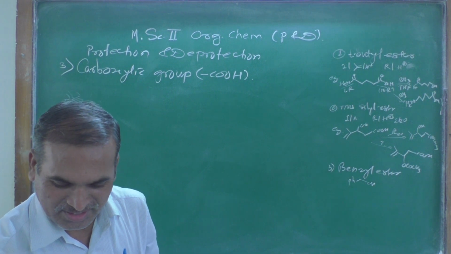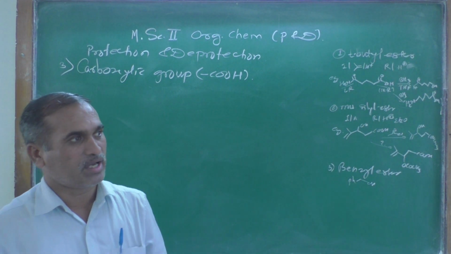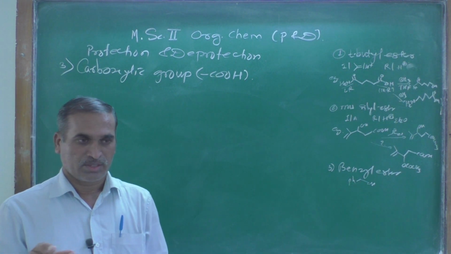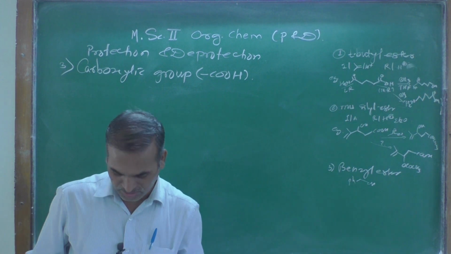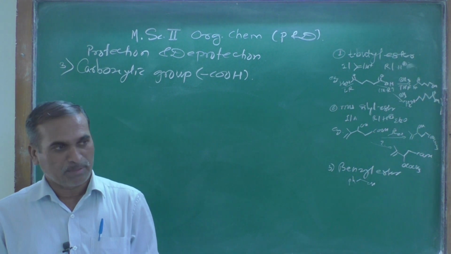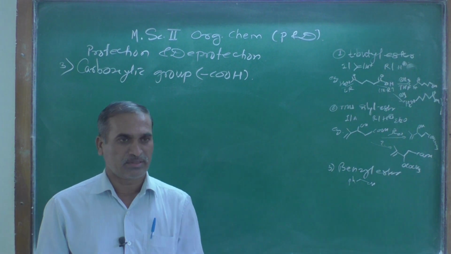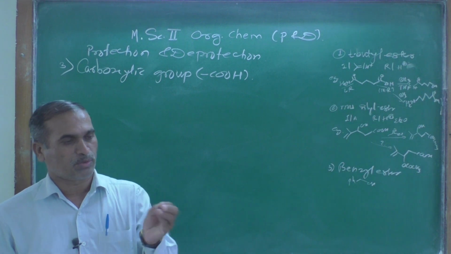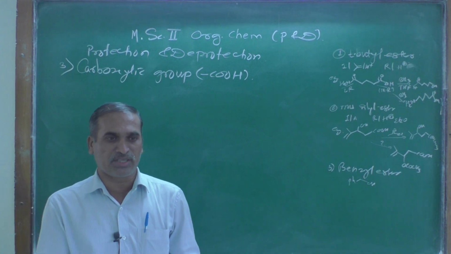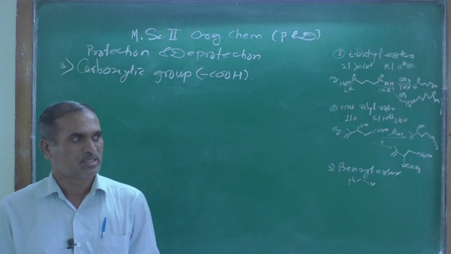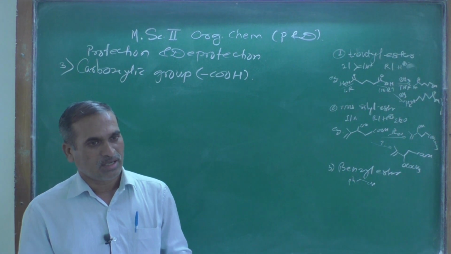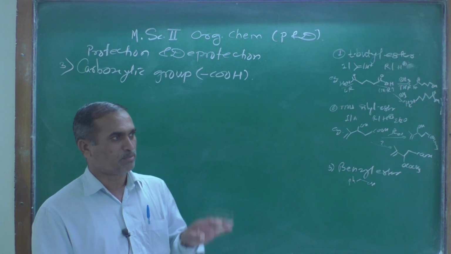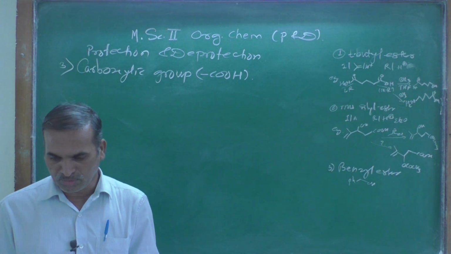So, yesterday we discussed the protection and deprotection of amine groups, the most important four protecting groups, and in addition to that some other protecting groups which are used for protection of the amino group.